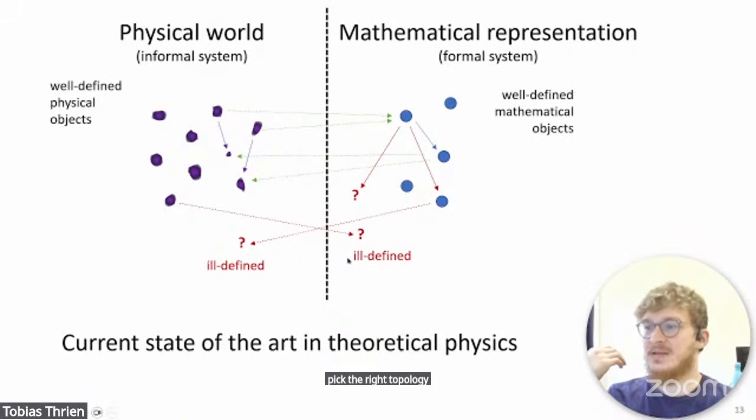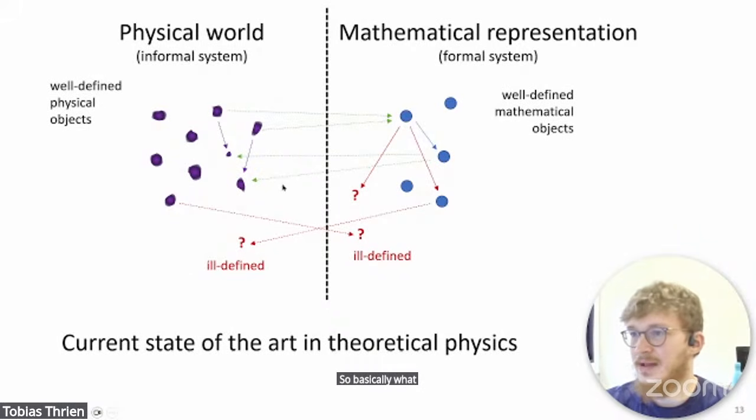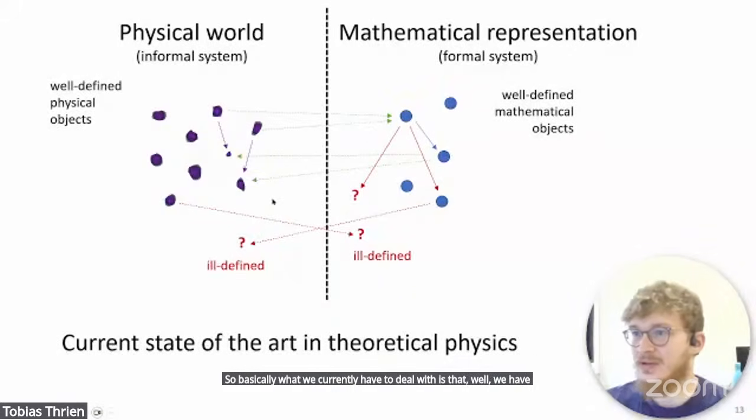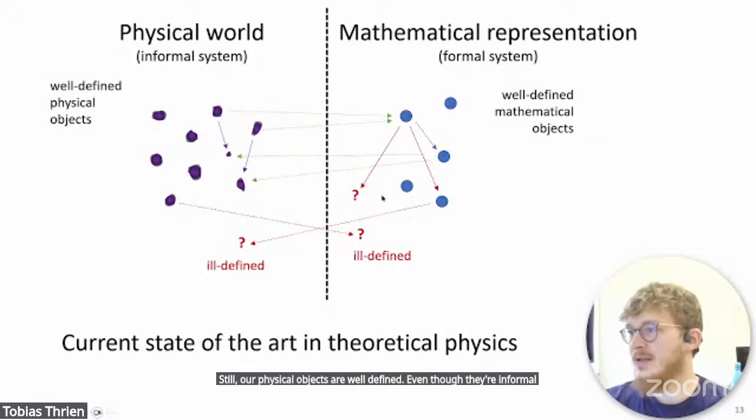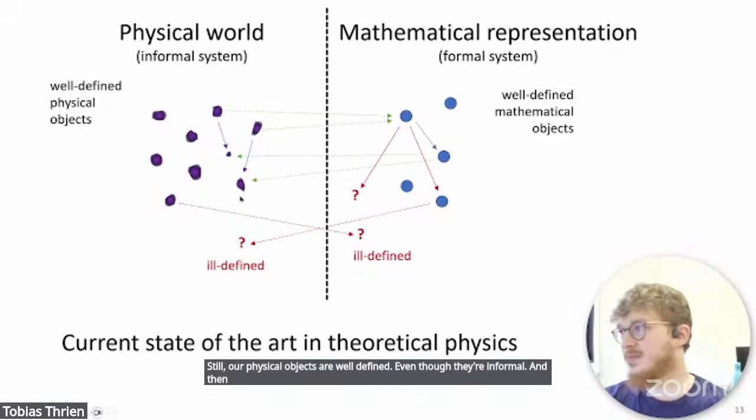So basically, what we currently have to deal with is that we have the physical world, inherently an informal system. Still, our physical objects are well defined, even though they're informal. And then we use math to work with them.